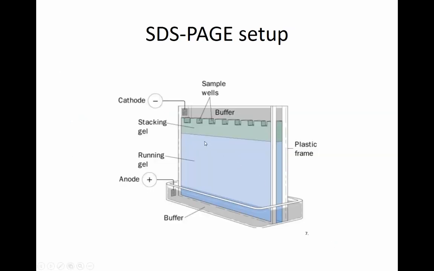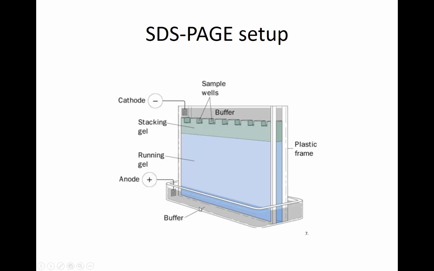And here's what a setup might look like, and it's kind of like the setup we'll use in the lab, where we have the gel here. It'll be sandwiched between two plastic frames. You'll have a stacking gel, more on what the stacking gel does later. Sample wells in the stacking gel will allow you to put your sample in, your treated sample. And then there's the running gel, which is what most of the gel is made out of. And then this is bathed in a buffer.